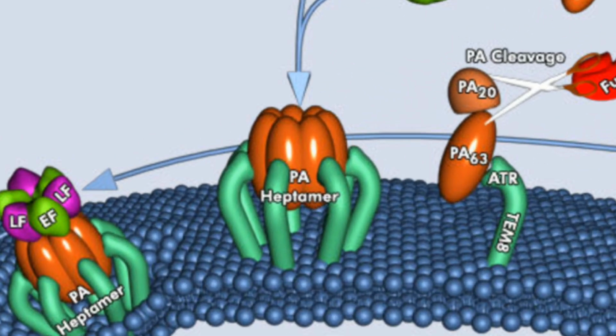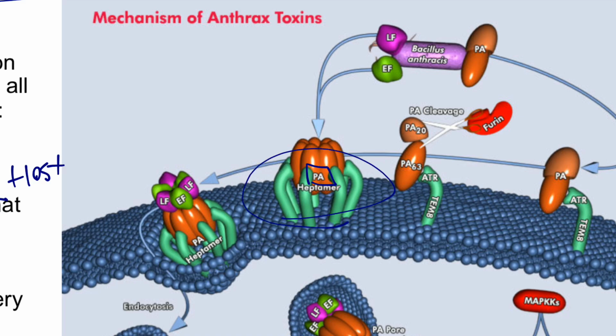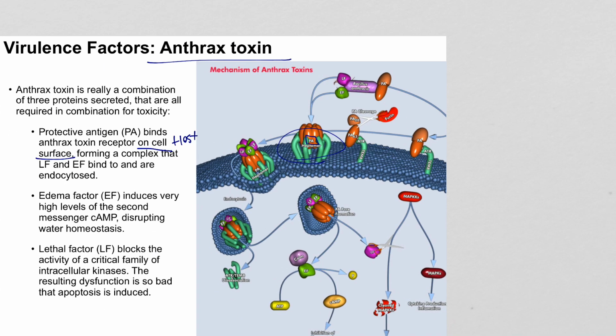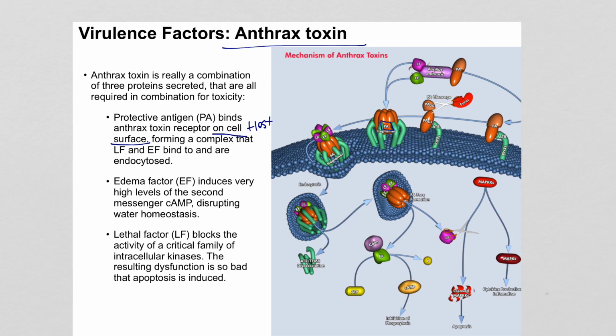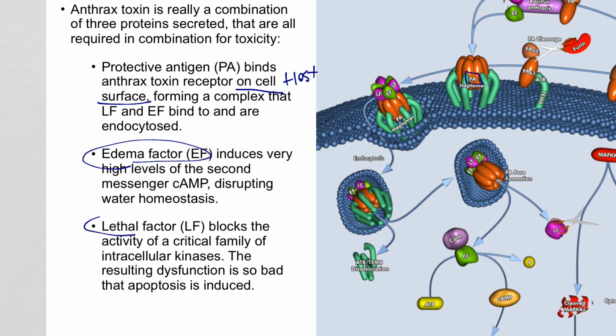So this little guy here, PA, protective antigen, binds to a receptor on the surface of, this would be a white blood cell, right, inside of a person. That's the cell membrane. And that serves as a docking site to recruit these other 2 proteins called edema factor and lethal factor. If you remember from a past class, edema just means swelling, water, fluid accumulation.